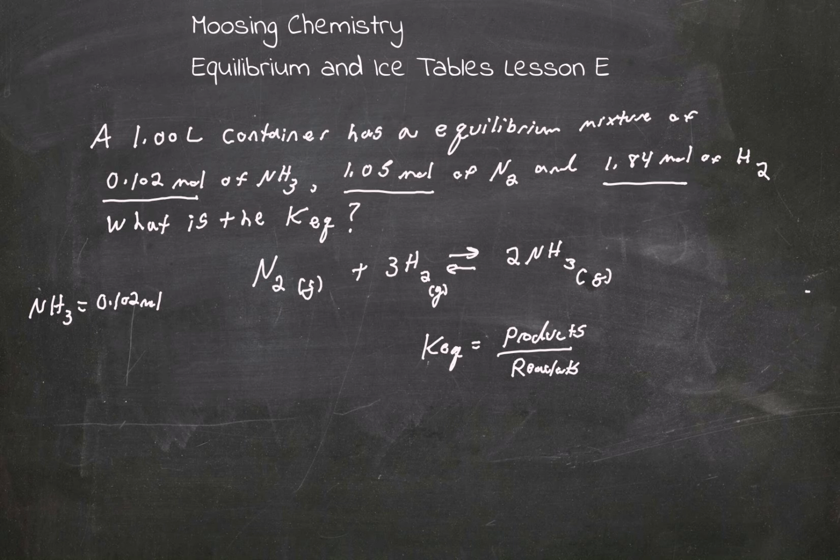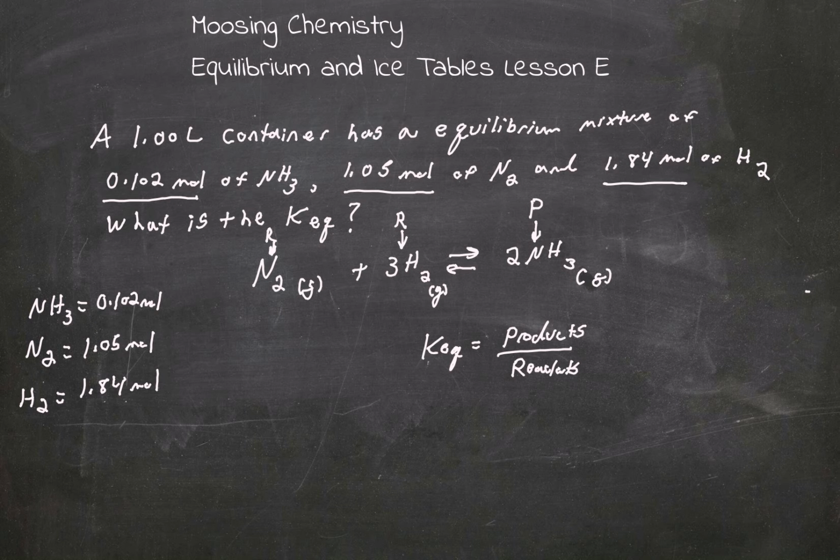The N2 has a value of 1.05 moles. And look what I'm doing, I'm setting up a table, kind of like a list of knowledge. And then our hydrogen is going to be 1.84 moles. This is a reactant, this is a reactant, and this is a product.